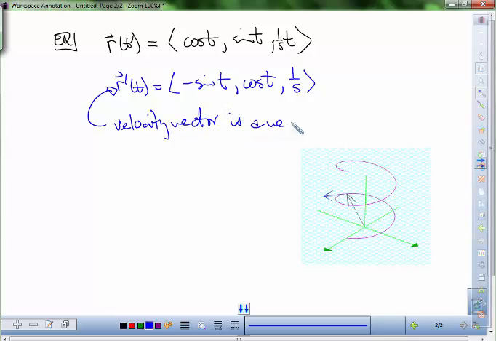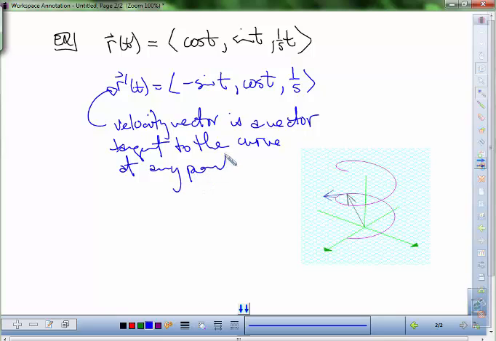It is a vector that's tangent to the curve at any point t. So if we pick a specific point to see where it's tangent to, then it's tangent at that point.